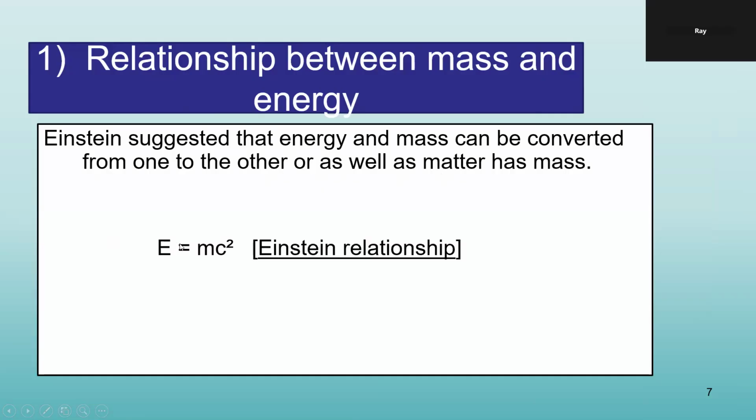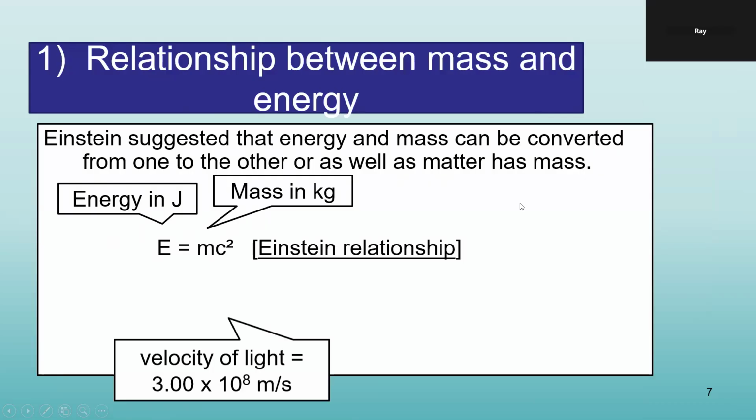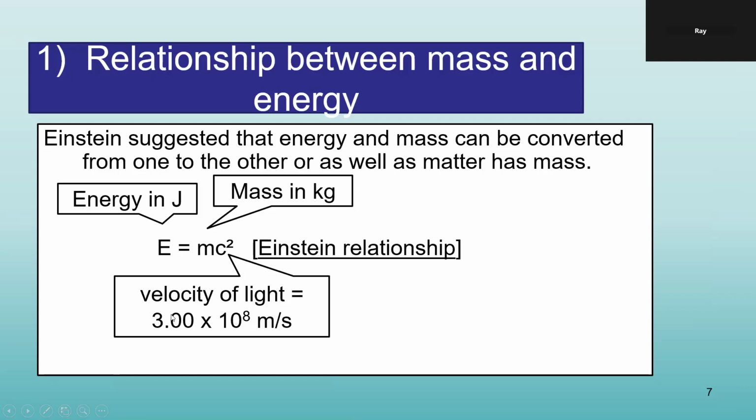So that's Einstein's relationship, E equals mc squared. E is energy. M is mass, so that if a mass disappears, it becomes energy. C is the speed of light, 3 times 10 to the power 8 meters per second.